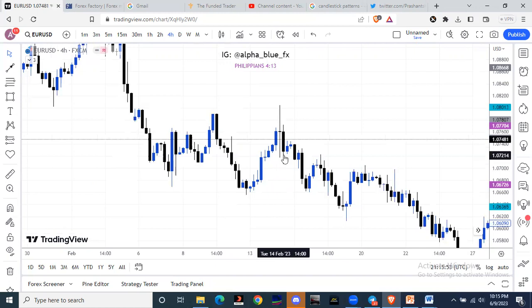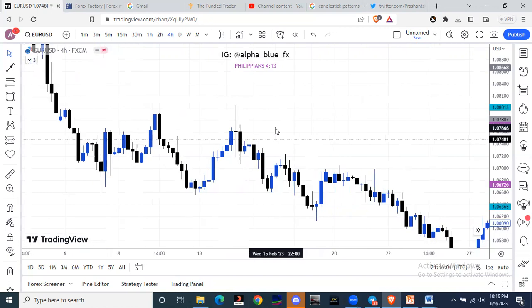It means there's no winner between the buyers and the sellers. They were both the same. It was like a draw game. Buyers tried to push this market up but could not. Sellers tried to push this market down but could not, and it came to an indecision and they left the price in the middle. So whenever you see something like this, it's an indecision candle and it's a reversal pattern.